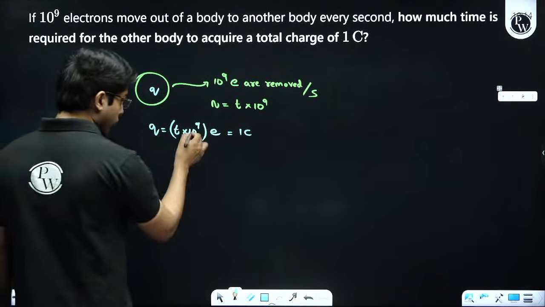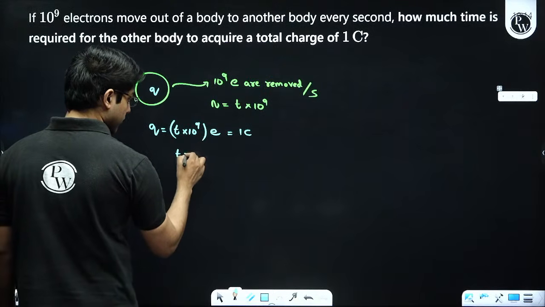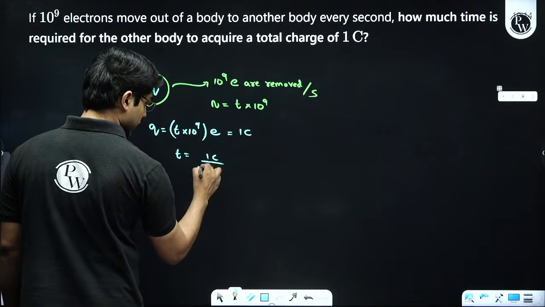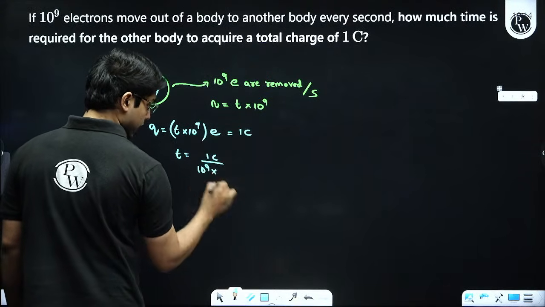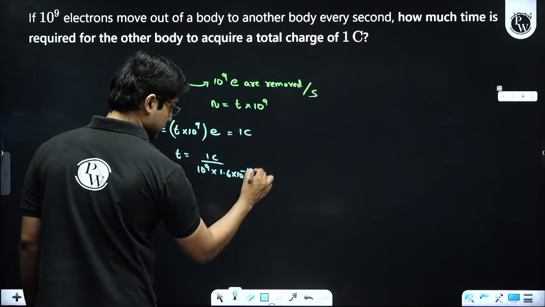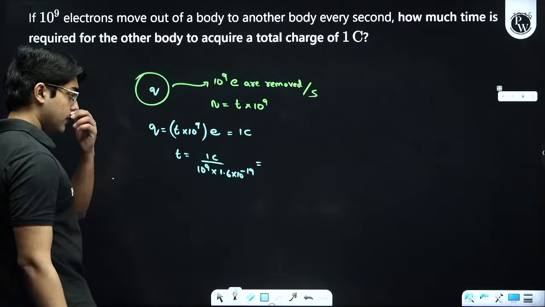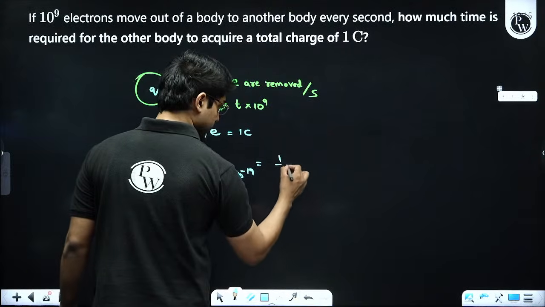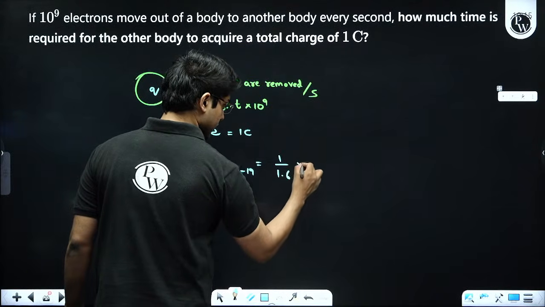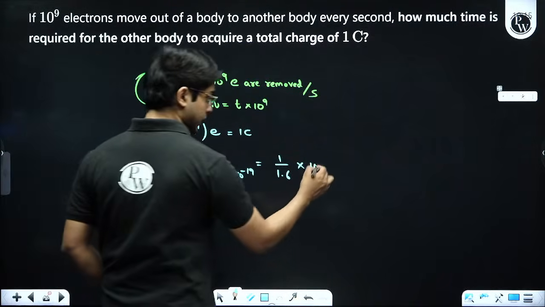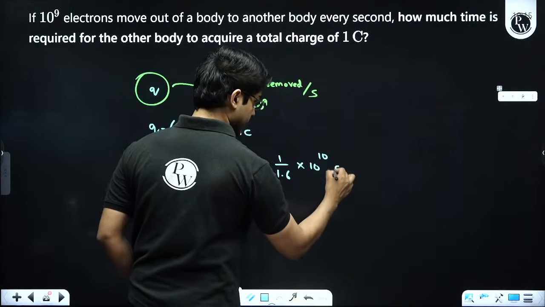Now we can solve for that time. Time t will be 1 Coulomb divided by 10 raised to 9 times e. And what is the value of e? e is 1.6 into 10 raised to minus 19. So this will end up being 1 divided by 1.6, into 10 raised to 10 seconds.